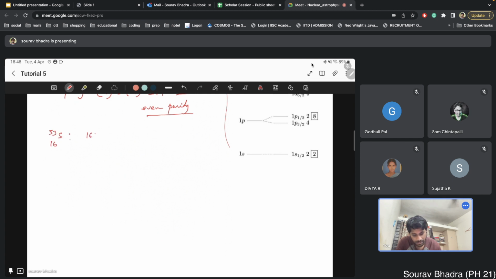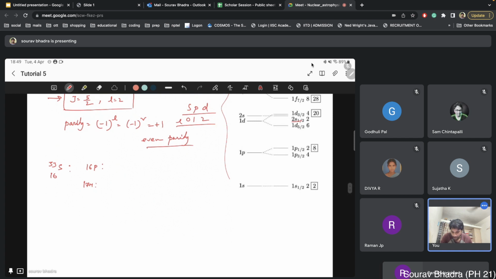This has 16 protons, 17 neutrons, and if you express it in a similar way to the previous one, 1s 1/2 it will be 2, 1p 3/2 it will be 4, so 4 plus 2, 6 we have used, we have 10 more. 1p 1/2 that is 2, 1d 5/2, just calculate while doing it, 2 plus 4 plus 4, 8 we have taken, we have 8 remaining, so it will be filled, 6 will be there, and in the 2s 1/2, 2 are remaining, that will be 2.